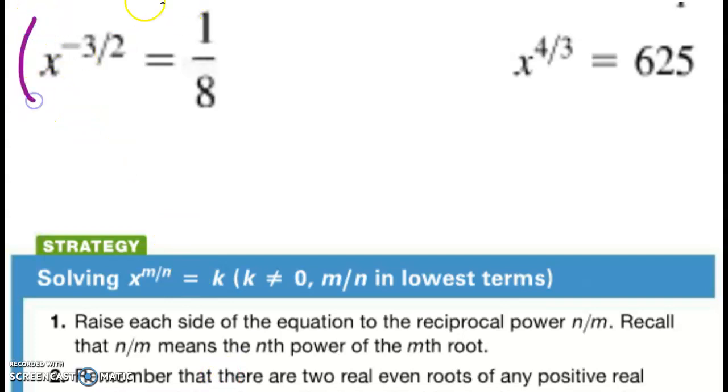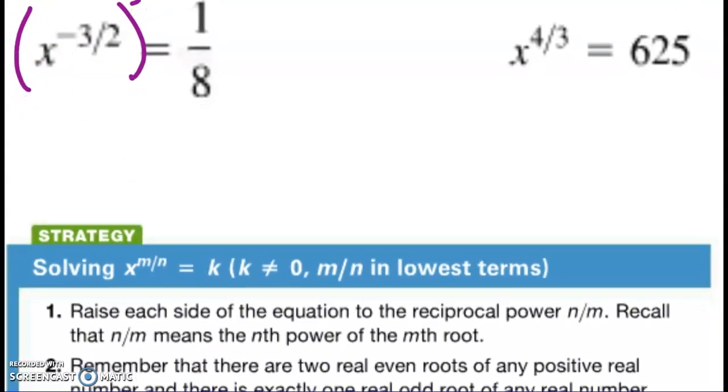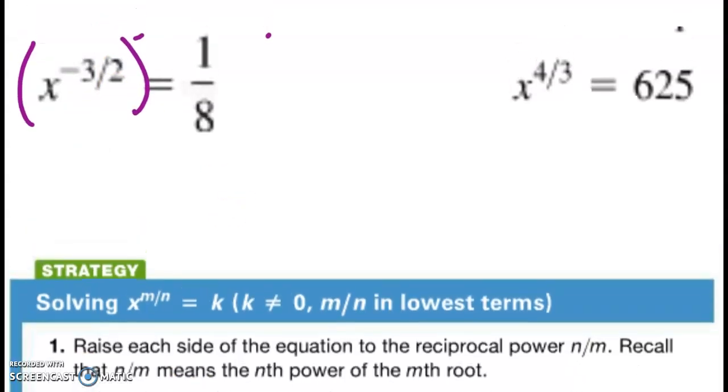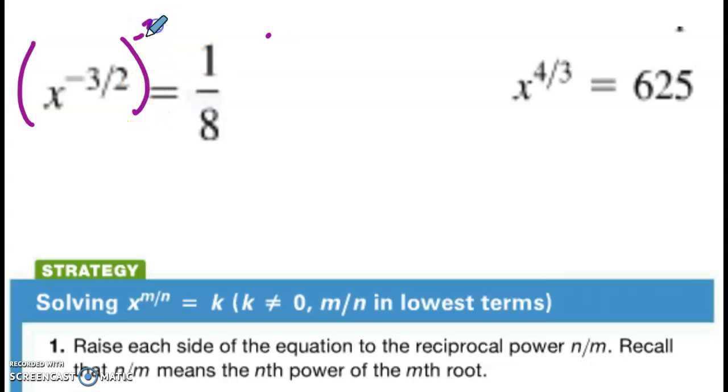They said raise this to the reciprocal power. Well, the reciprocal of negative 3/2 is negative 2/3. So I am going to raise this side to the negative 2/3 power, and I'm going to raise this side to the negative 2/3 power.